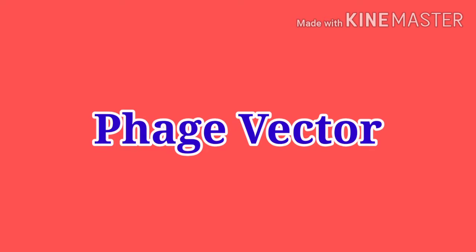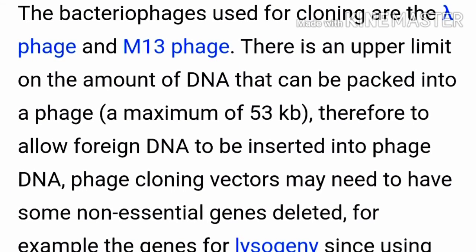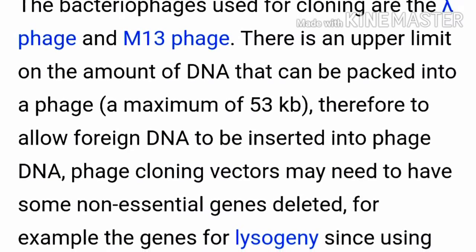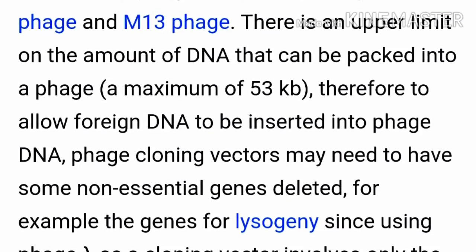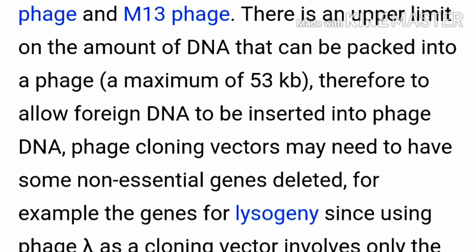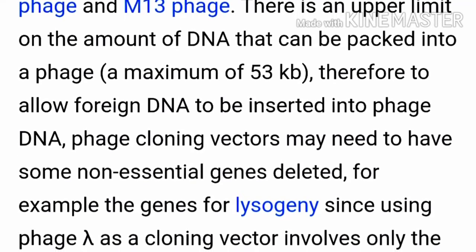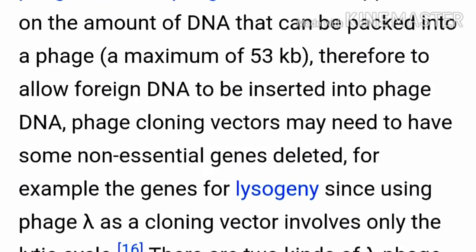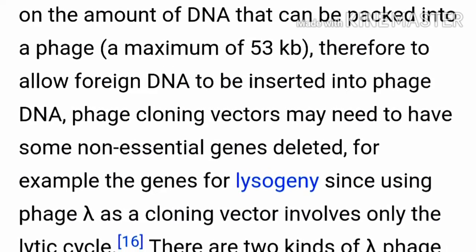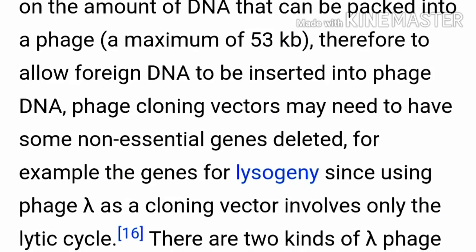Next, the phage vector. The bacteriophages used for cloning are the lambda phage and M13 phage. There is an upper limit on the amount of DNA that can be packed into a phage.